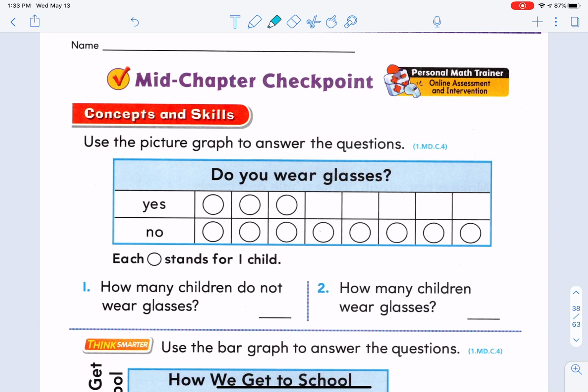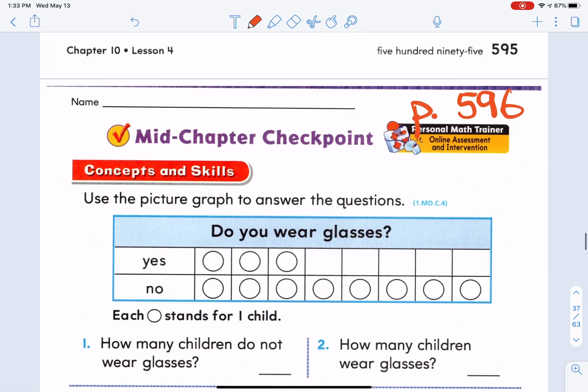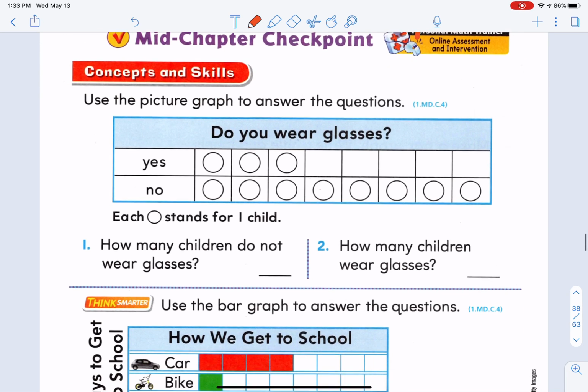Now, you're also going to do this next page. This page here is 596. And we've got just a few problems here. I'm going to read them to you, and I'm going to probably not give you that much help. It says, use the picture graph to answer the questions. Do you wear glasses?